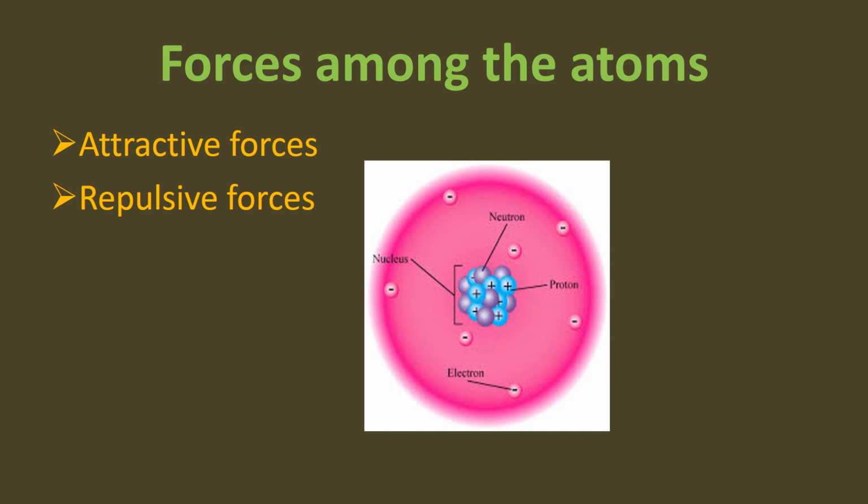Repulsive forces are present among the electrons, as both are negatively charged particles. The force between electron and electron, or between proton and proton, will be repulsive. As they have the same charges, they will repel each other.